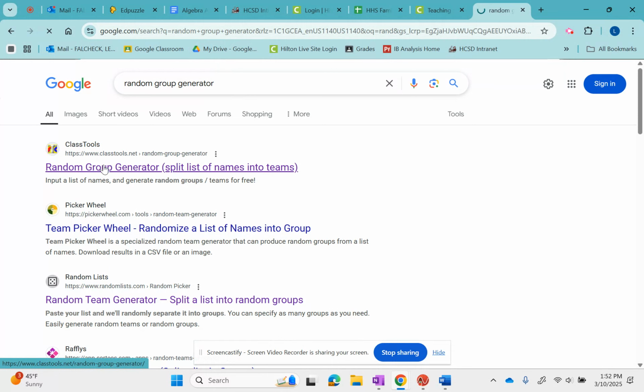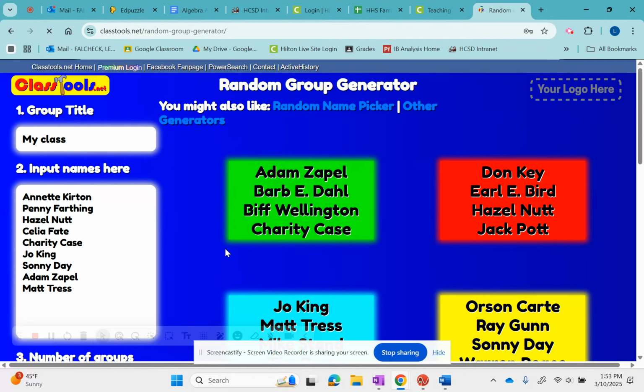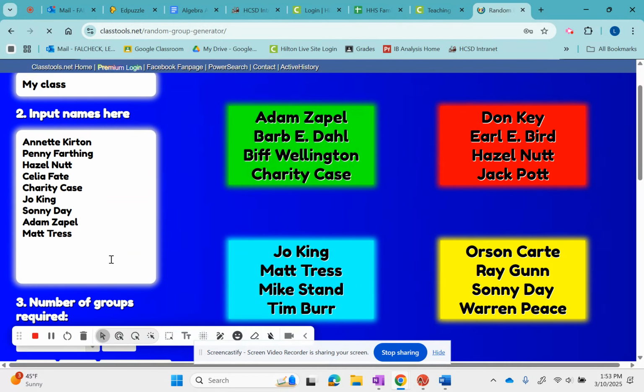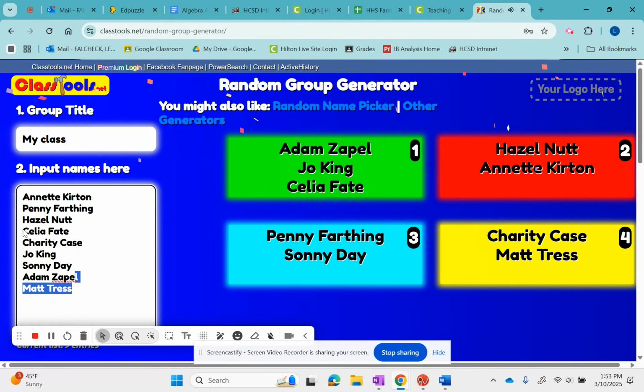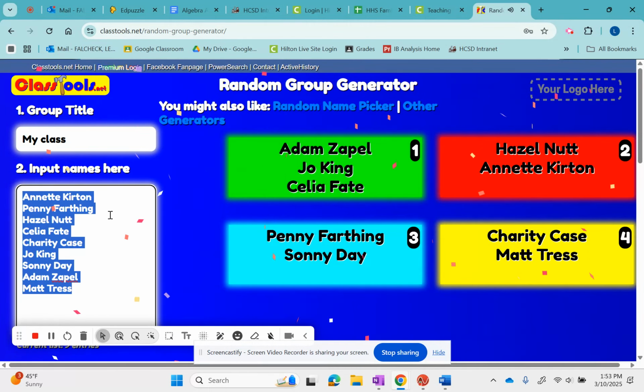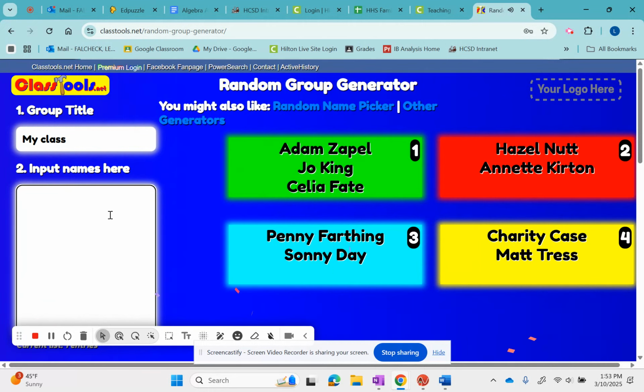No. Why are we doing a random group? I want to be partners with her. That's insane. That's the group I want to be in, group 2. I need to be in group 2.